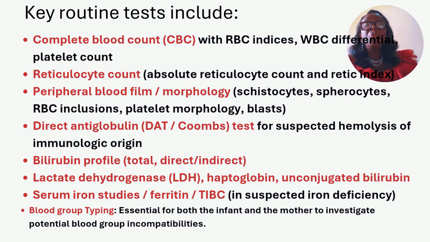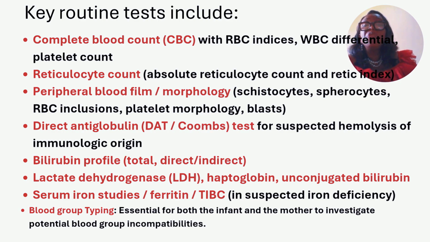Reticulocyte count, which may include absolute reticulocyte count and calculation of the reticulocyte production index. Peripheral blood film examination will help us identify poikilocytes, macrocytes, anisocytes, and blasts. Direct antiglobulin test or Coombs test for suspected hemolysis of immunologic origin.